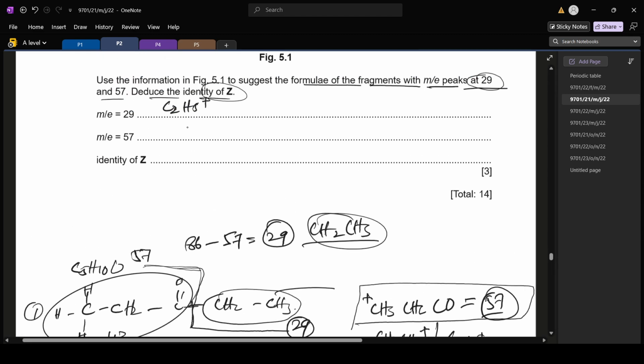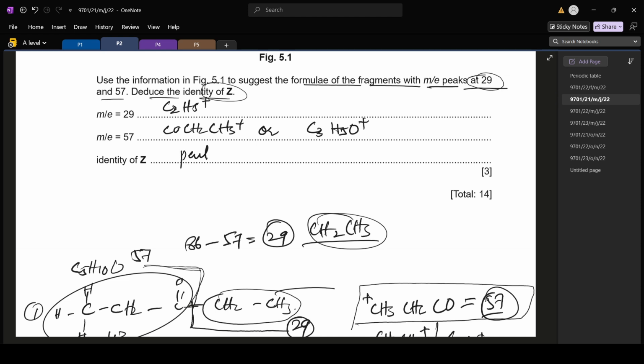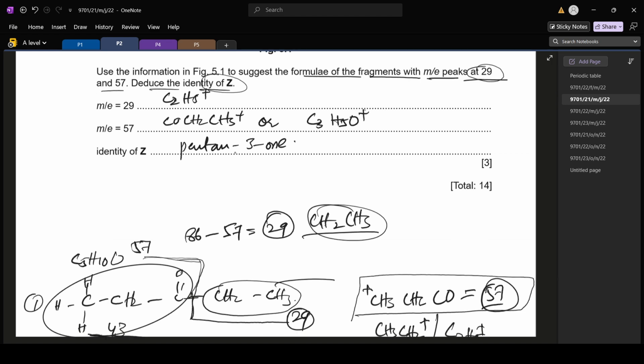You can write it as COCH2CH3 plus, or you can write it as C3H5O plus. And this Z is pentan-3-one.